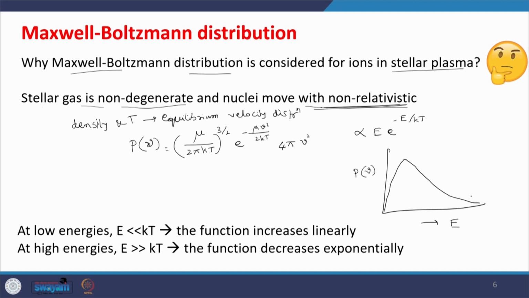So, at low energies, that is when energy is less than k T, the probability function increases linearly, proportional to E. And at high energies, when E is much greater than k T, the function decreases exponentially, proportional to e to the power of minus E by k T, decreasing exponentially and asymptotically. So, these are some of the basics which I want you to understand.